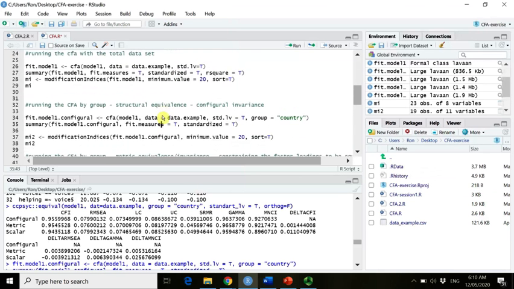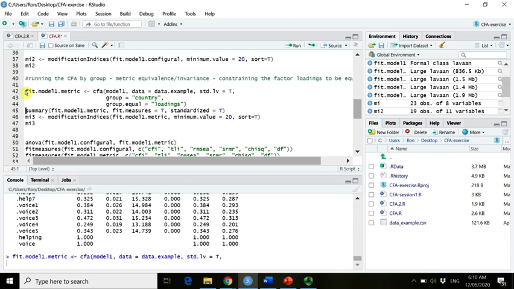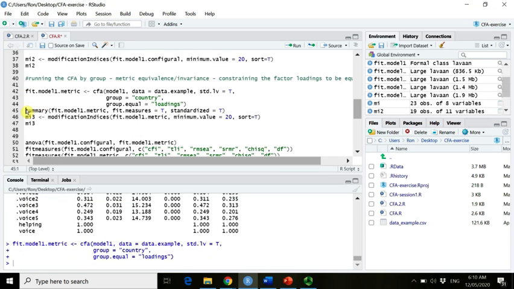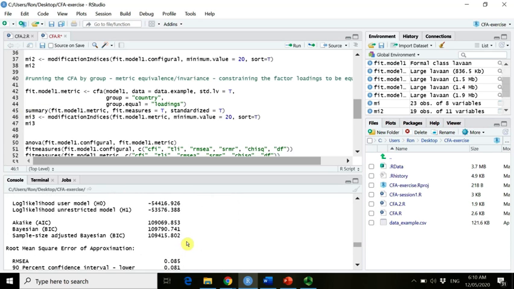As I said, we need to get the chi-squares as well. So if we go here, we get our chi-square.